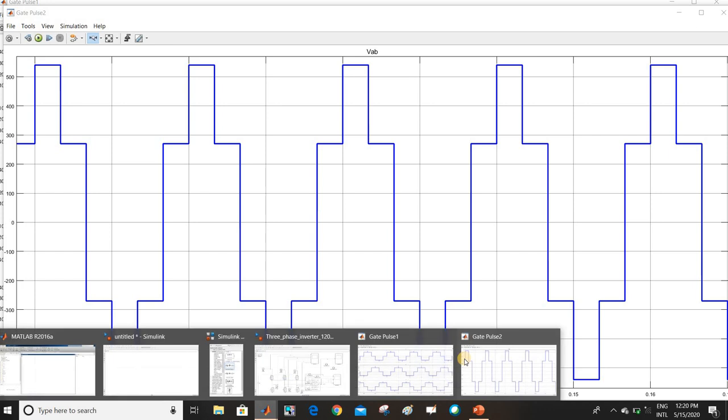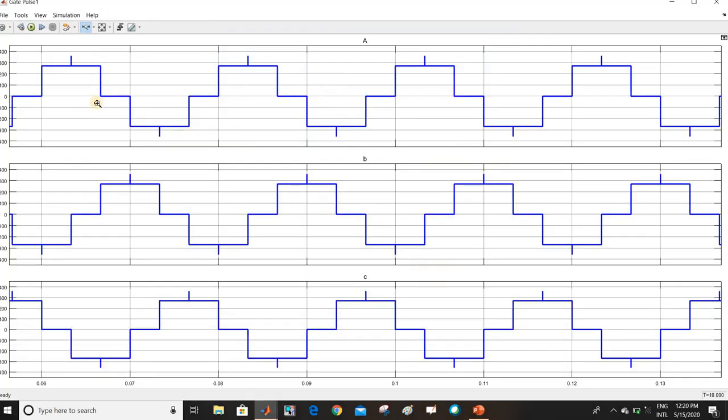Now next we will move to the next span, 120 to 180. Now in 120 to 180, what is your VAB? VA minus VB. VA will be 0 for 120 to 180. What is VB for that? VB is equal to 270, that means plus VDC by 2.